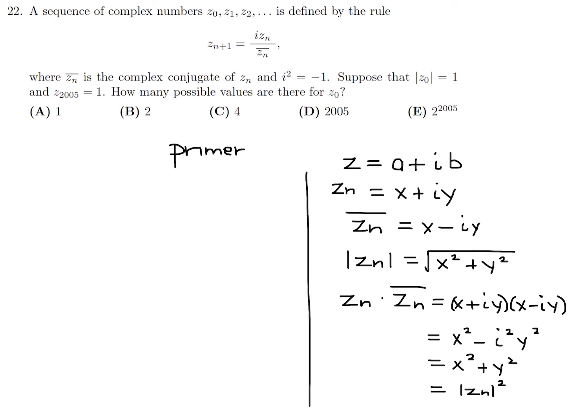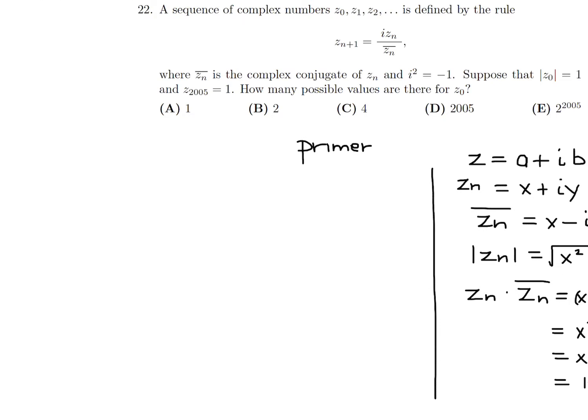All right, so I just wanted to get that all in there. So let's proceed with this question. So they tell us that we've got this rule here, z(n+1) equals i zn over the conjugate of zn.